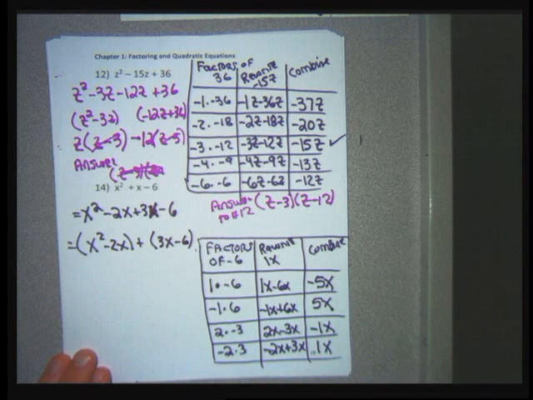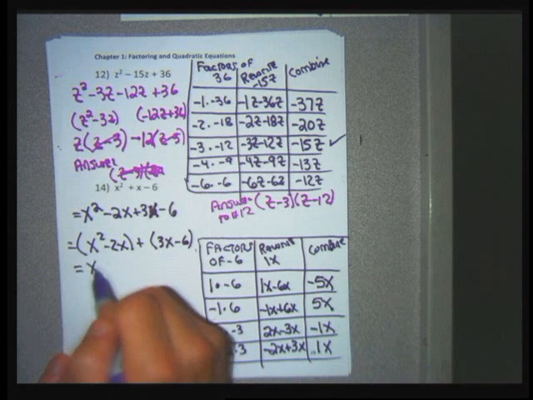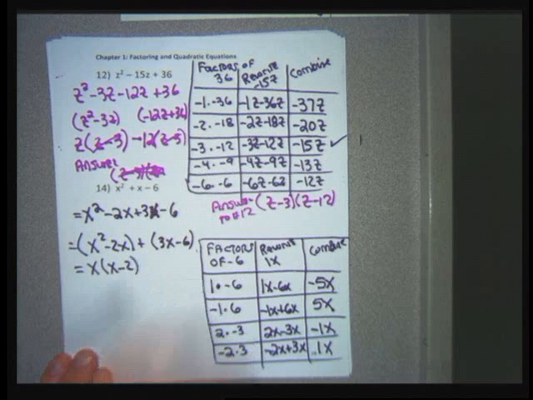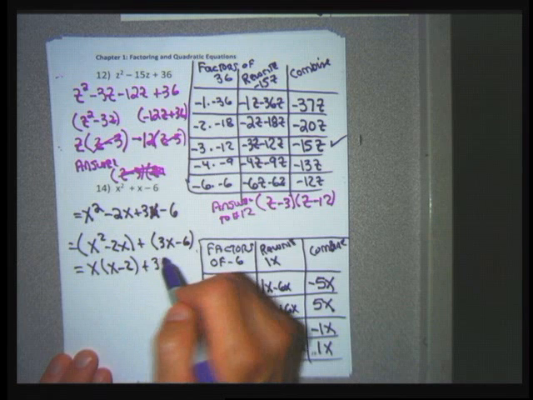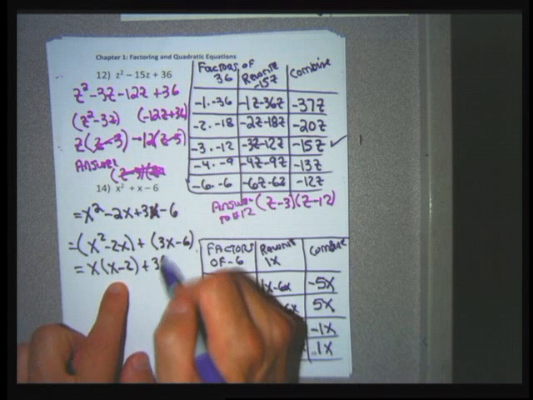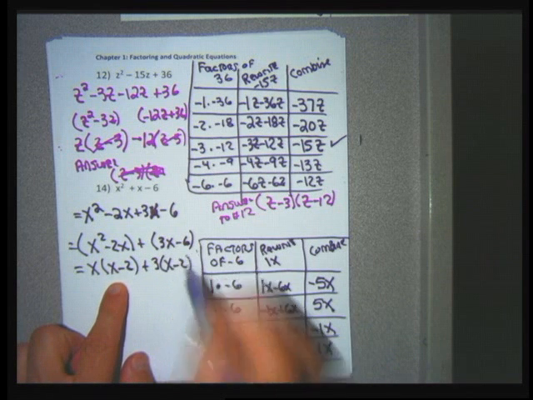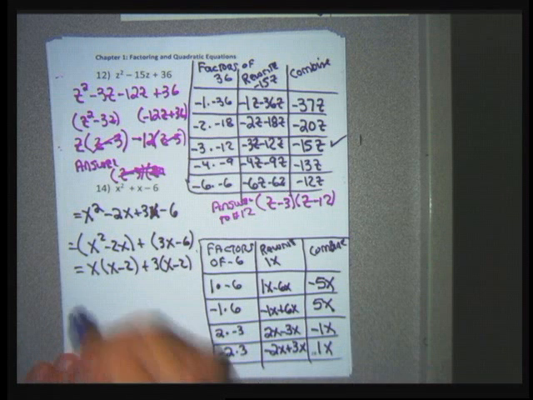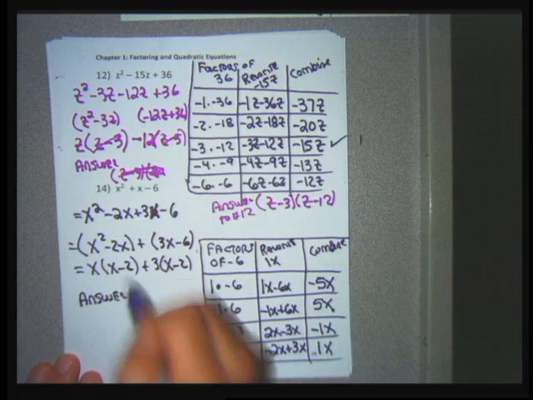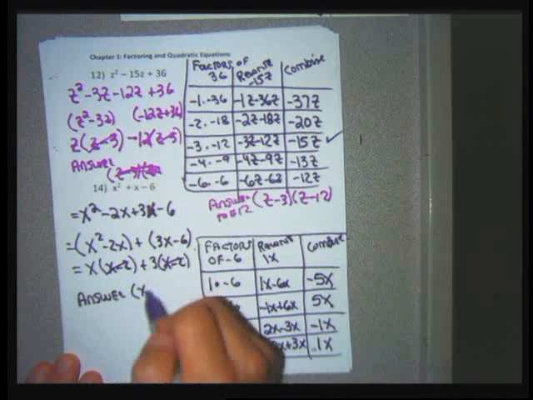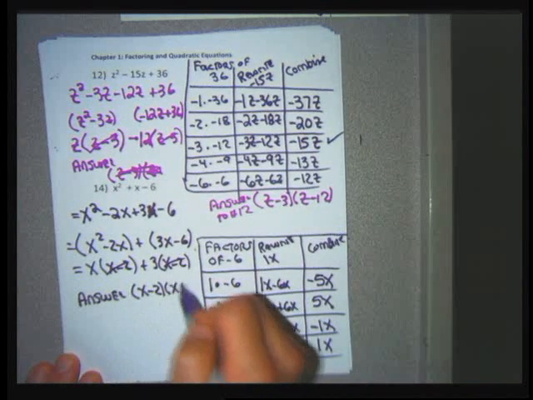First parentheses, there's a common factor of an x, so I'm going to write x times x minus 2. Second parentheses, there's a common factor of a 3. I'm going to factor out a 3, have to be left with the same parentheses, and it's actually going to work. And now I'm going to factor out the x minus 2 and get x minus 2 times x plus 3.